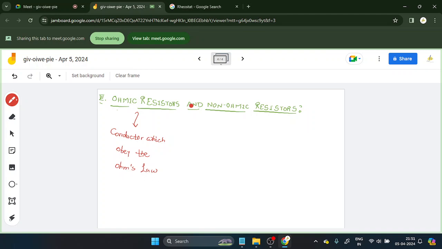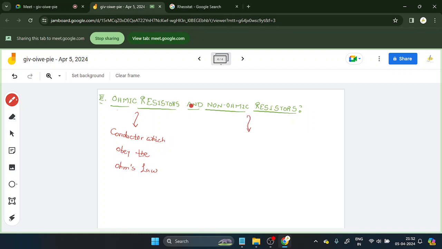All metallic conductors follow Ohm's law. If we plot the graph between V and I, the graph is always going to come linear. V upon I is always going to be constant for all values of V or I.